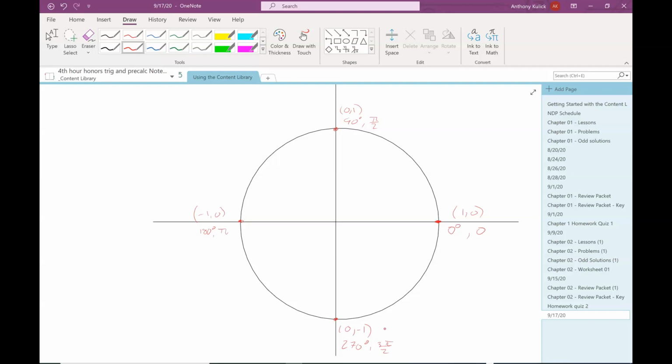Okay. Now we're going to draw in all the angles that we can find the exact value for. One of those would be a 30 degree angle. We mentioned earlier when we did one of the homework assignments that 30 degrees was the same thing as pi over 6, right?